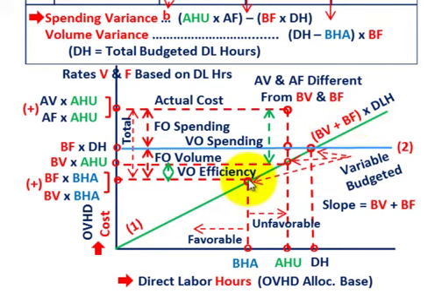But nonetheless, you hit your green line, you move over, and you're going to have a point for your overhead costing. So based on our budgeted hours allowed, you're going to have some budgeted fixed rate times some budgeted hours allowed, and some budgeted variable rate times some budgeted hours allowed. You can combine them into one rate, but that's the point that we're going to be looking at. So that's how this works.